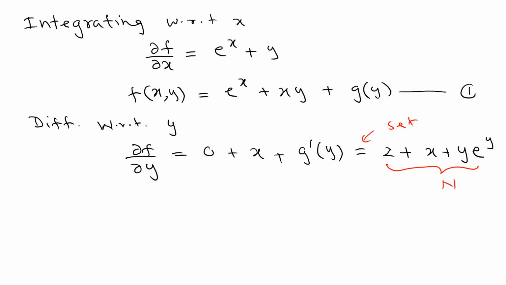Now you can see x and x get cancelled out. So you get g'(y) equals 2 plus y e^y. Now what we do, we can integrate this one to get g(y).